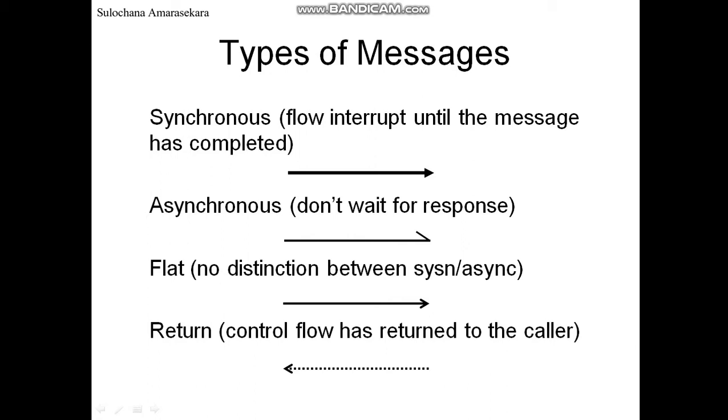Because of that, most of the time this type of message is used for notifications which don't require any response. Third, flat message. When we don't know exactly whether the message is synchronized or asynchronous, we can use this type of message. Last, return. These are the responses to other requests.